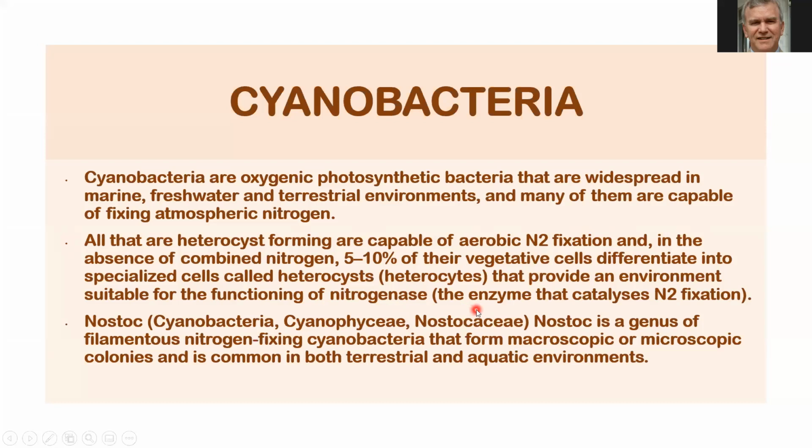This is the enzyme that catalyzes the process of nitrogen fixation. An example, Nostoc. Nostoc is a genus of filamentous nitrogen-fixing cyanobacteria that form macroscopic or microscopic colonies and is common in both terrestrial and aquatic environments.